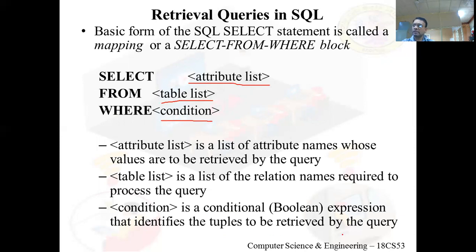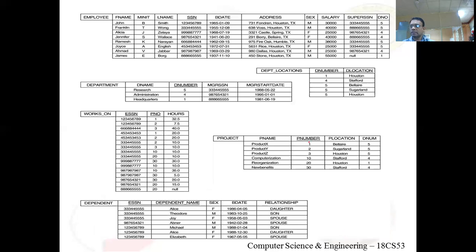We have some examples for this. This is the company database we are going to use for retrieving data, inserting data, updating data, and deleting data. Suppose I say select SSN, comma, salary from employee where department number is equal to 5.